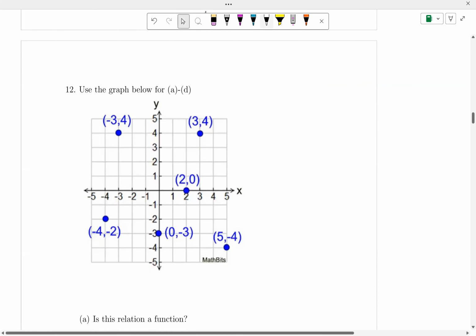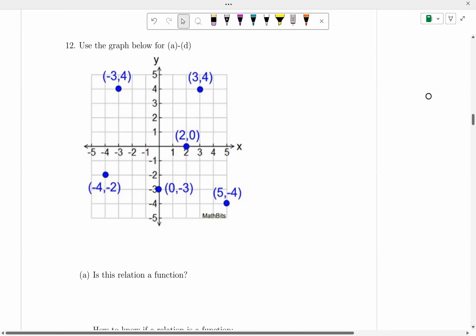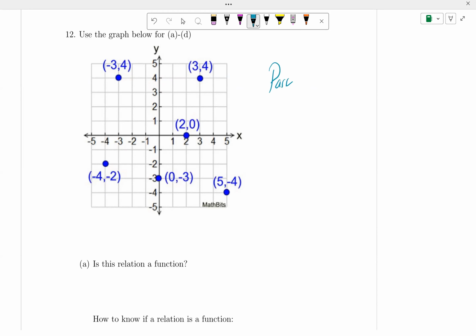Moving right along, using the graph to find, use the graph below for sections A through D. Part A says, is this relation a function? You can tell that a relation is a function if it passes what's called the vertical line test.